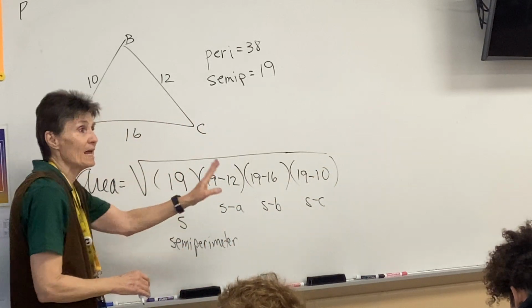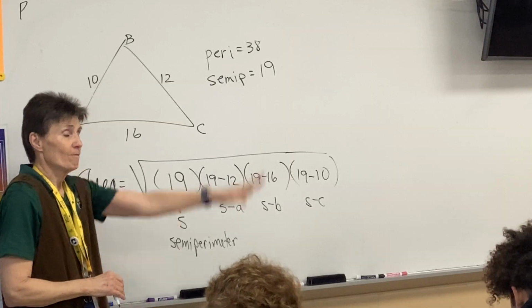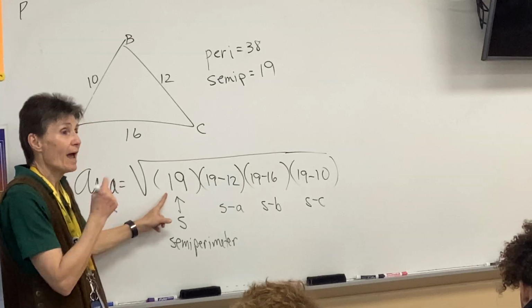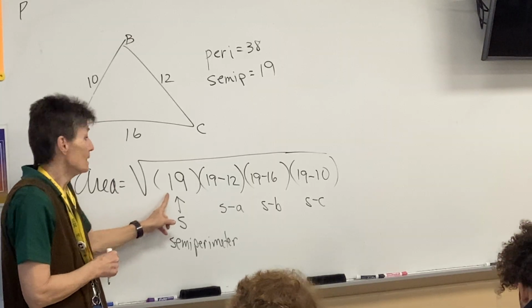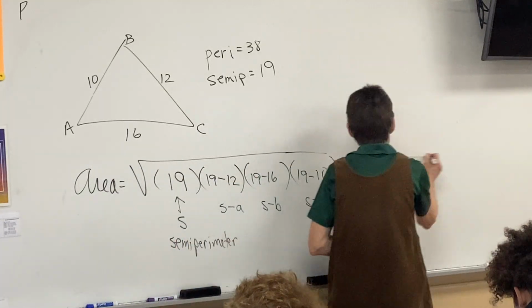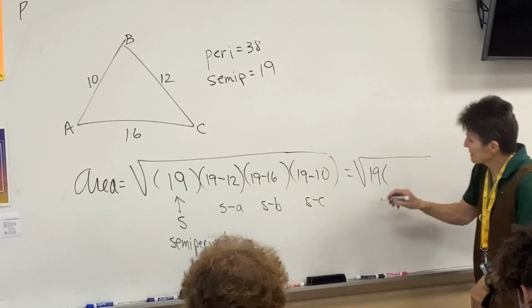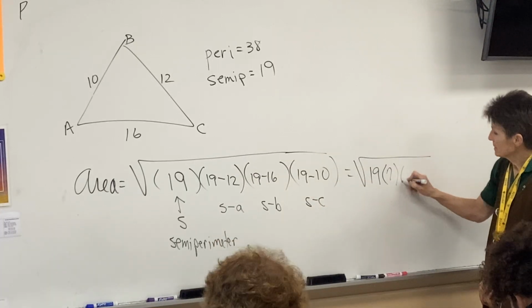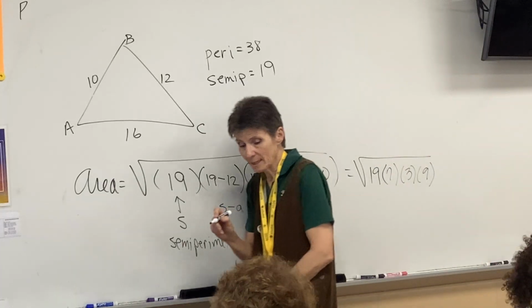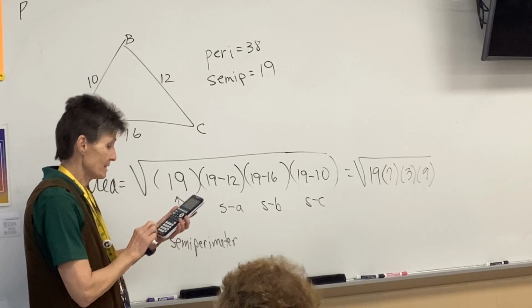Those can be in any order. So I have 19 times 7 times 3 times 9.